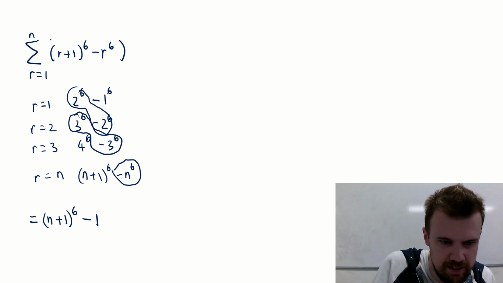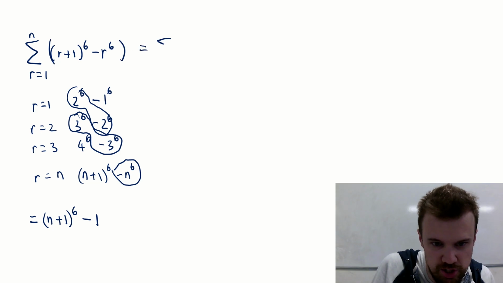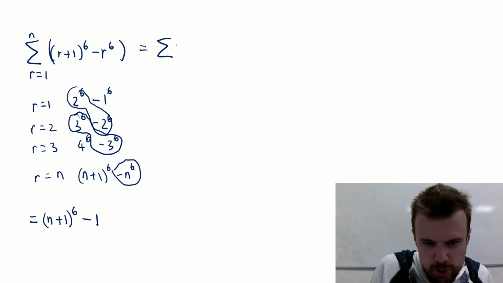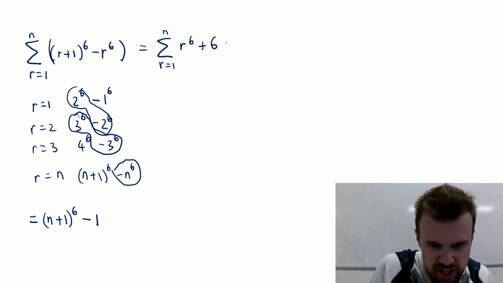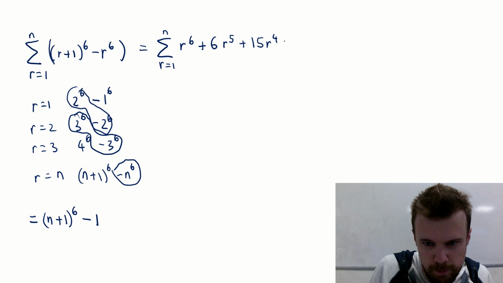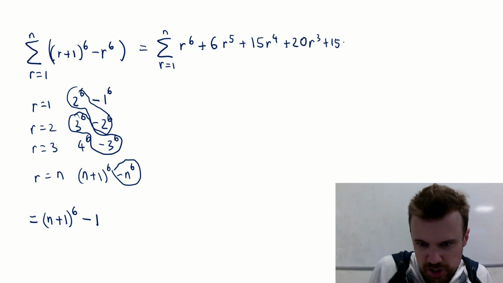But again, this series that we had at the top could be rewritten as well. It's going to involve multiplying out those brackets as well. So what will we get if we do that? We'll get an r to the power of 6 plus 6 r to the power of 5 plus 15 r to the power of 4 plus 20 r to the power of 3 plus 15 r to the power of 2 plus 6 r to the power of 1 plus 1, and then we still got that minus r to the power of 6 that we had as well.